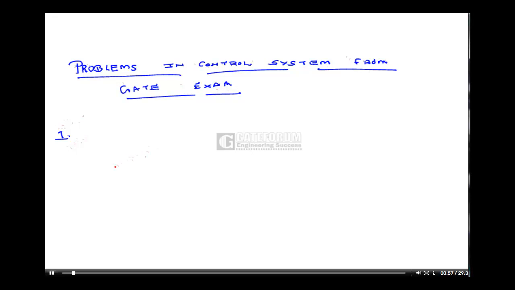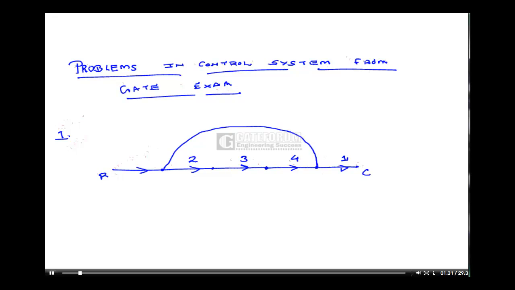A signal flow graph is given. Minus 1, minus 1, minus 1.